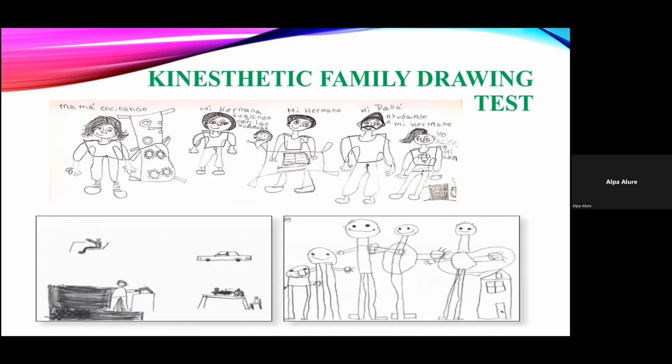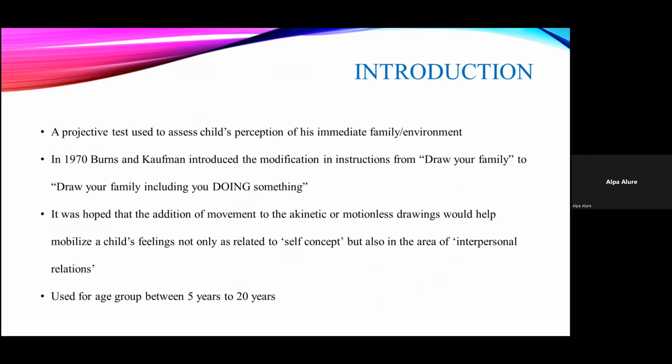The next is the kinesthetic family drawing test. This is a projective test used to assess a child's perception of his immediate family or environment. In 1970, Burns and Kaufman introduced a modification in instructions from draw your family to draw your family doing something.